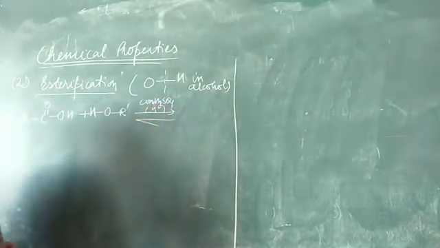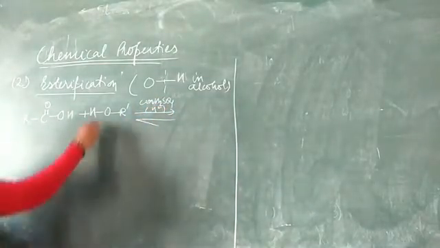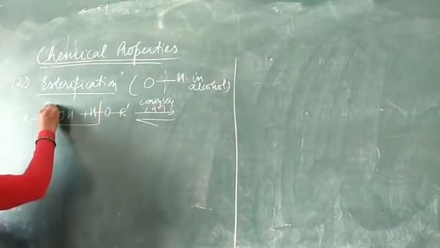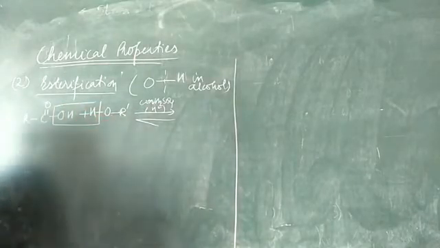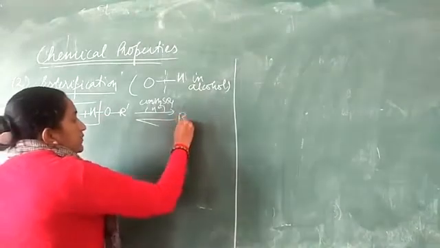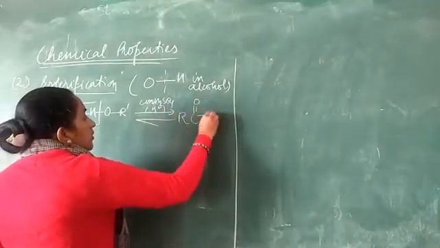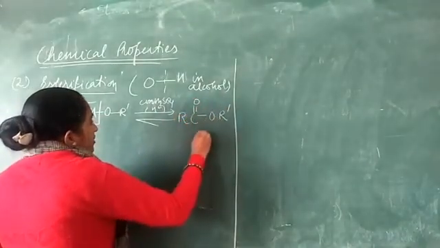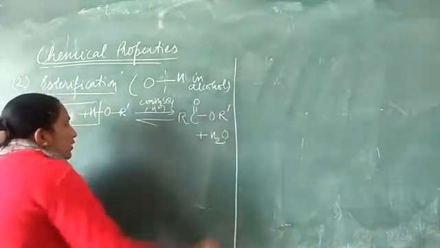This occurs at equilibrium, a reversible process, and cleavage of the O-H bond takes place in the alcohol, and an ester is formed, RCOOR', along with the formation of water.